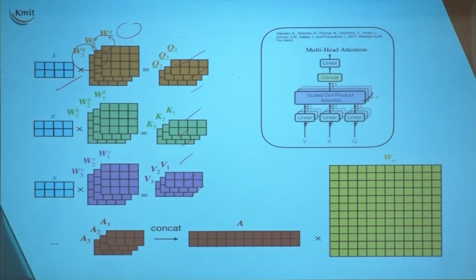Now, what are A1, A2, A3? The multi-head attention outputs of all the words, which are concatenated and normalized to a single vector, which is then processed. Got it? So multi-head attention takes Q, K, V and generates A, which is the concatenation of multiple heads. A1, A2, A3 concatenated will give you A.